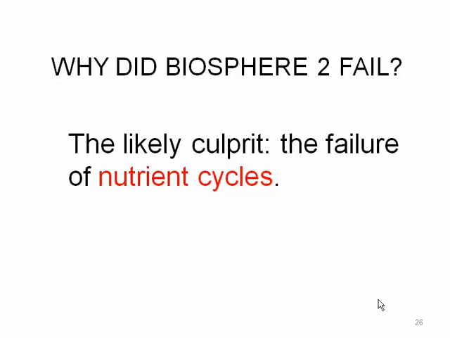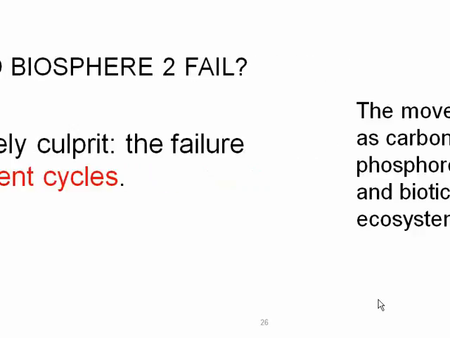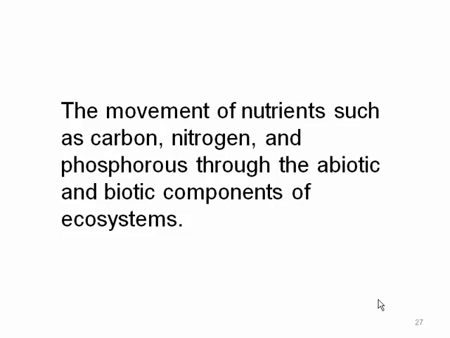The reasons for its failure were centered on failures within the structure and its system's ability to replicate major nutrient cycles. These nutrient cycles govern the movement of nutrients and virtually all elements, such as carbon, nitrogen, phosphorus, sulfur, and so on, through both the abiotic and biotic components of an ecosystem.